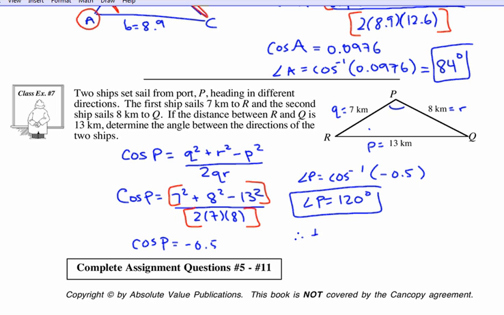Therefore, the angle between the directions of the two ships is 120 degrees. All right, and that's it.